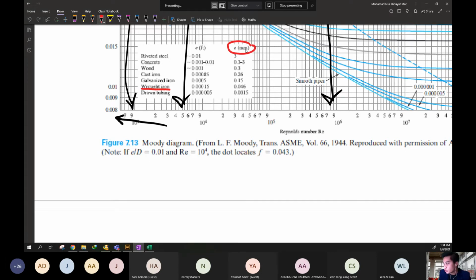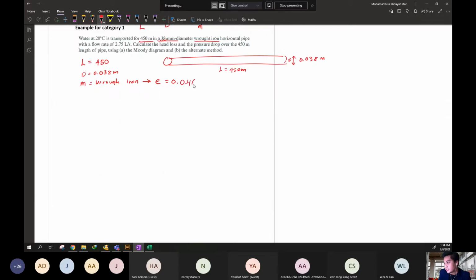So it is 0.046 millimeter. And the flow rate is the volume flow rate, Q, 2.75 liter per second.